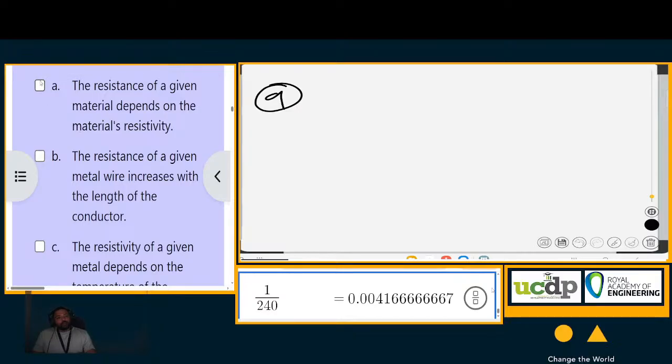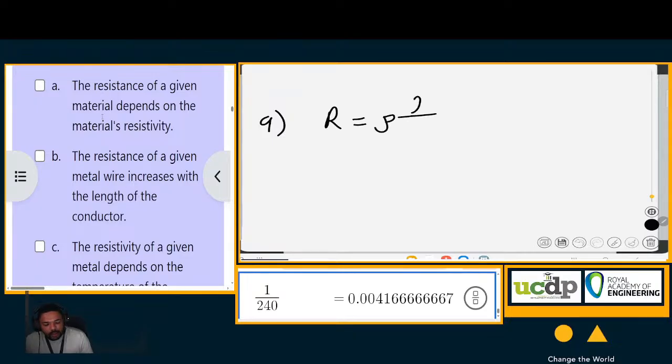Yes, that is true, because resistance is equal to resistivity times length over area. Therefore, A is true.